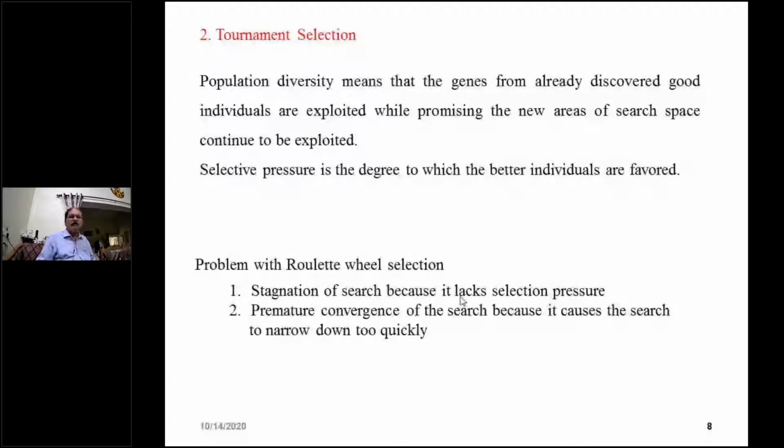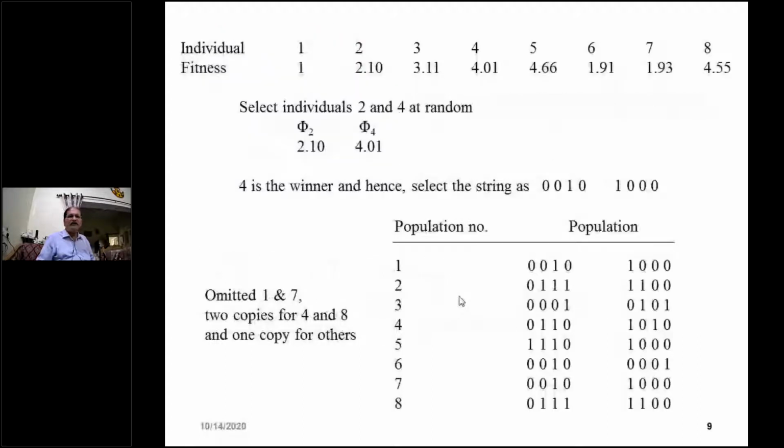So suppose these are the individuals, a population, and the fitness function is like this, and randomly select two. Suppose member 2 is selected, then string 3 is selected, then 2 is having the objective function value of 2.1, and 4 is having 4.01. So 4 is to be selected next. 4 has a better chance of getting selected.